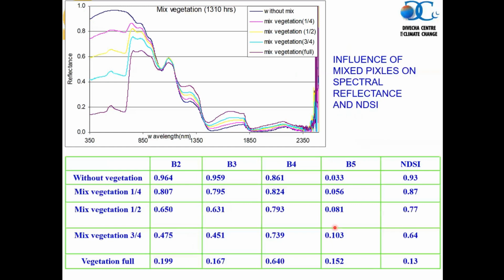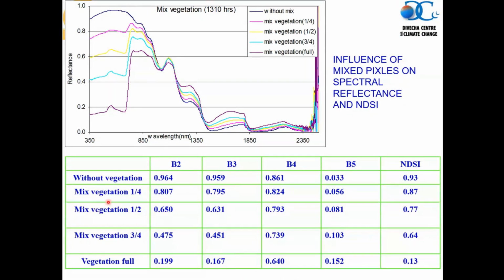Another key issue is that your pixel may not be a pure pixel. What it means is that if you take the satellite, a pixel might have partly snow, partly vegetation, partly rock. So what do you do with the mixed pixel? Another experiment was carried out, and there are a lot of publications on this. You can see that if a pixel is without vegetation, you have no problem.